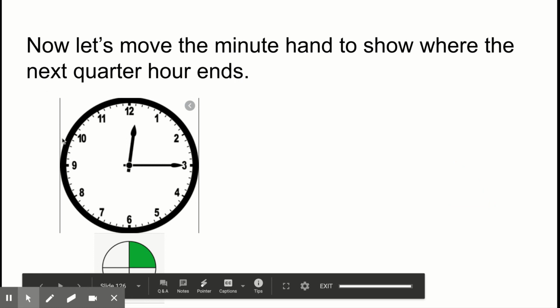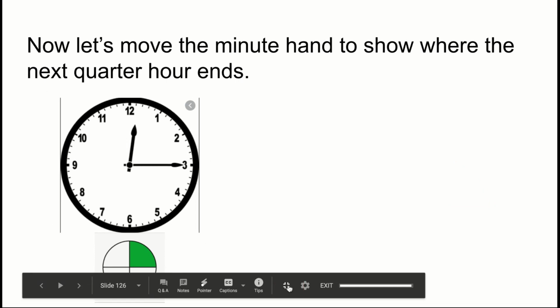Now, let's move the minute hand to show where the next quarter hour ends. If the minute hand is on the 3, and we want to fill in one more quarter of the hour, where would we go?